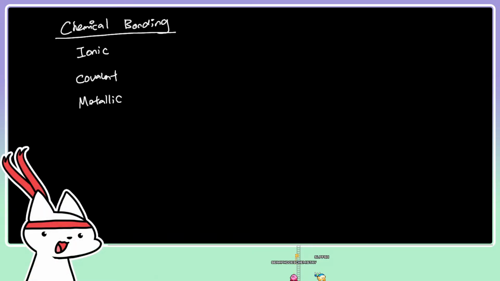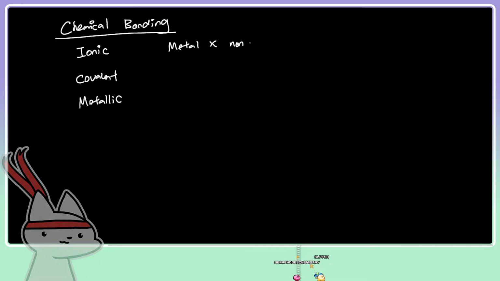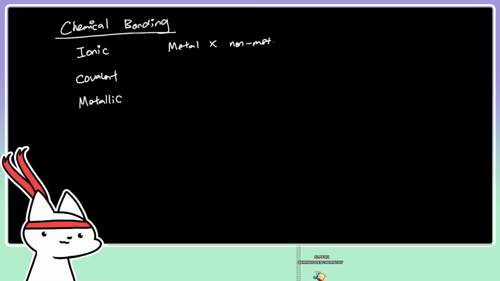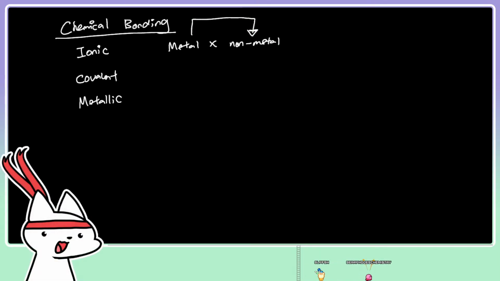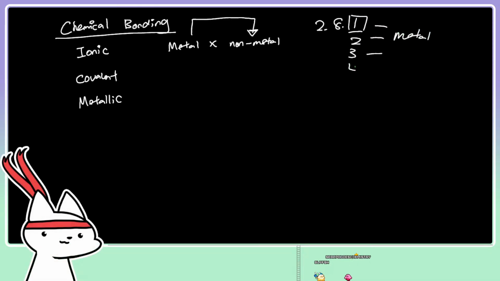Ionic will be between metal and non-metal, and there will be transfer of electrons. Last week we mentioned for metals, you have like 2, 8, 1. You look at the last number. If it's 1, 2, 3, they'll be considered metals. If there's 4, 5, 6, 7, 8, they'll be considered non-metals.